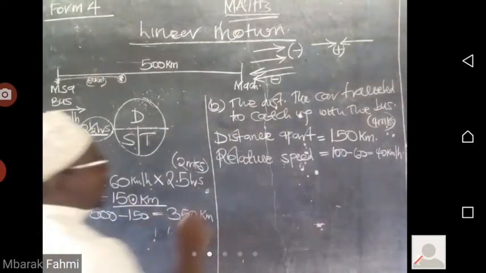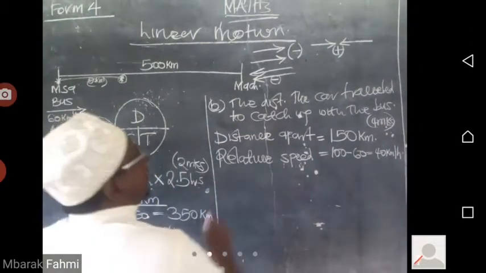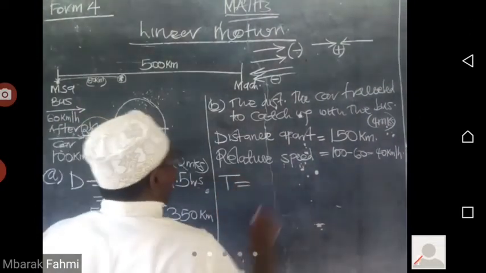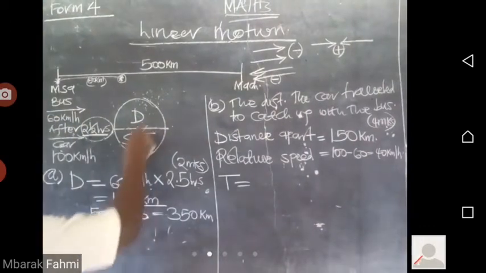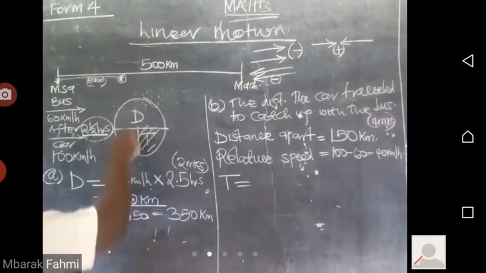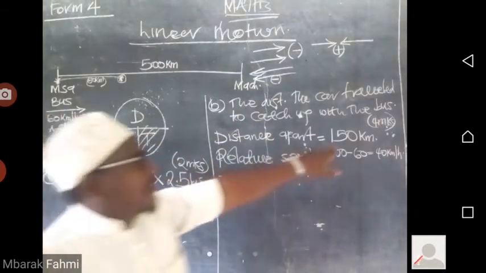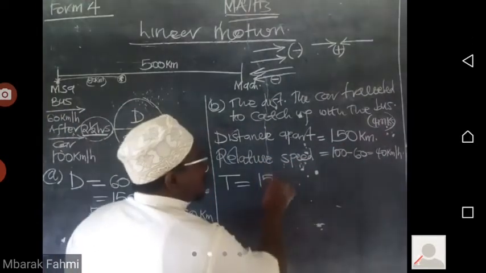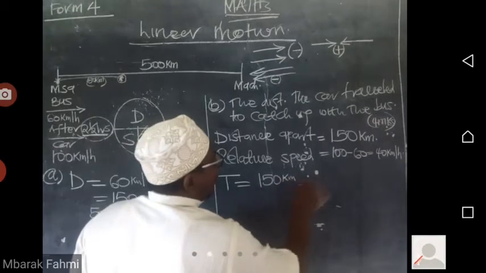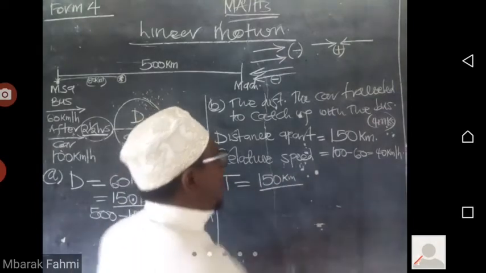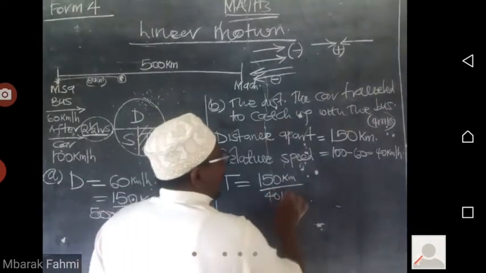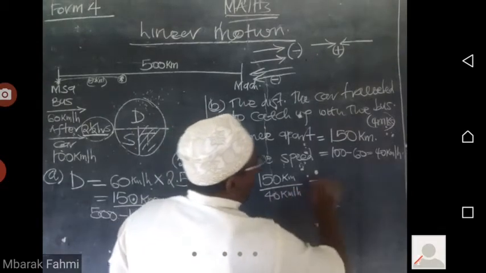And then after that, we can calculate the time taken for them to meet. Time is distance over speed. So time taken for them to meet will be the distance apart, 150 kilometers, divided by the relative speed, 40 kilometers per hour.